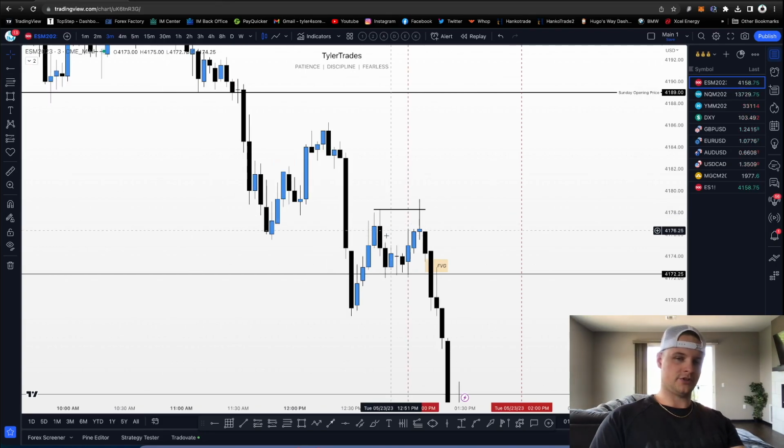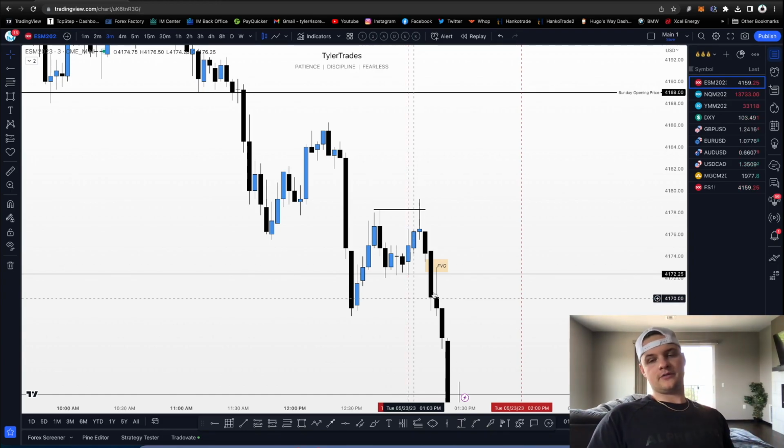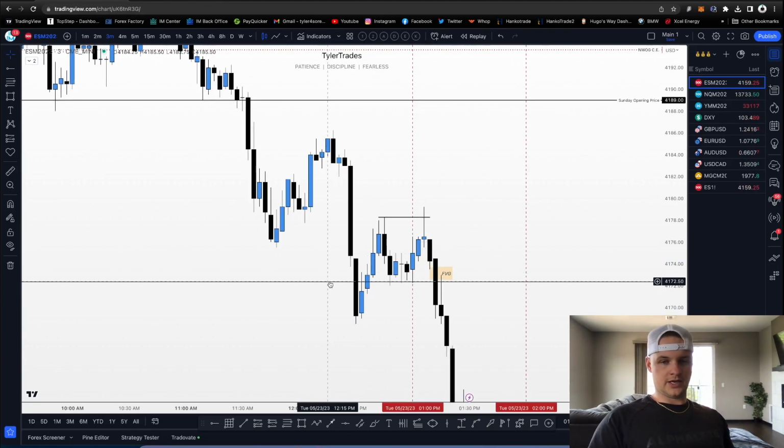We had SMT divergence between SPX and NASDAQ at these lows. At this point, ES was putting in a higher low right here, from this low to this low, while NASDAQ was putting in a lower low. So we had SMT divergence, and ES was the stronger of the two, plus SPX had just swept this sell side liquidity.